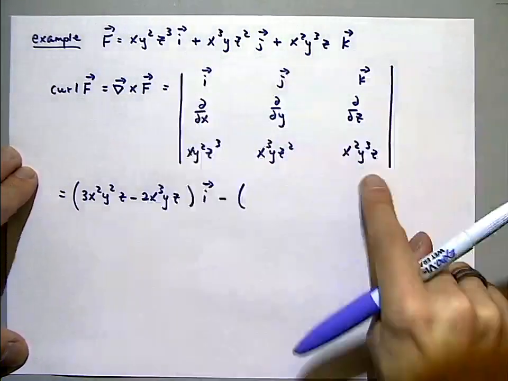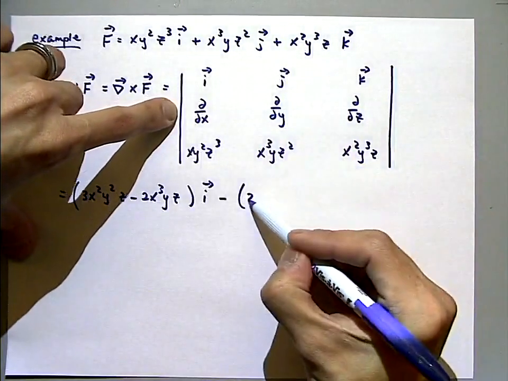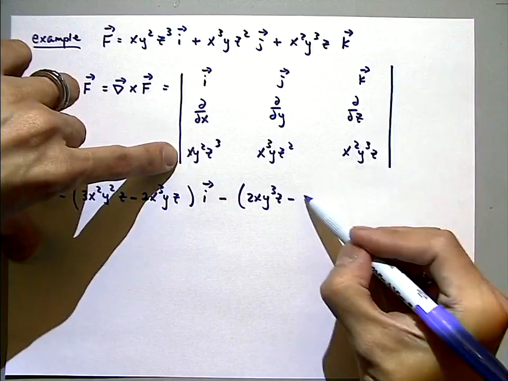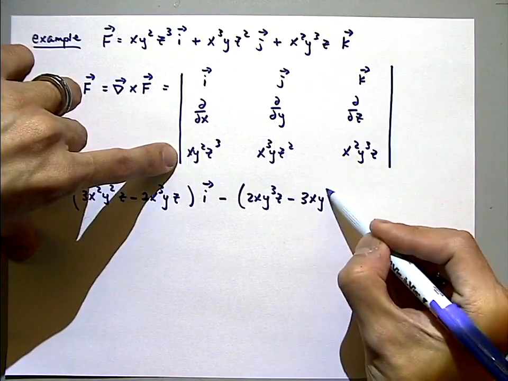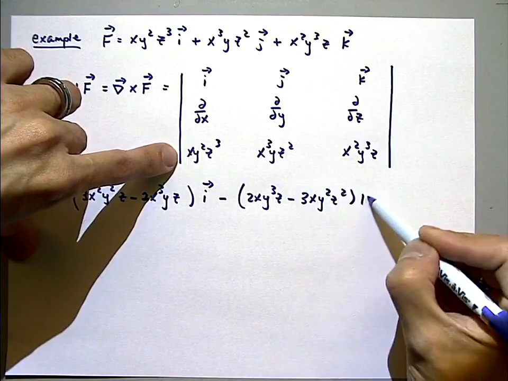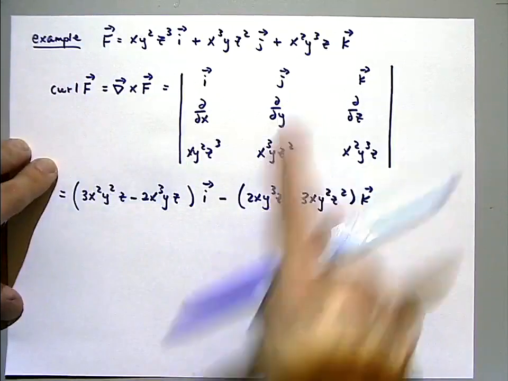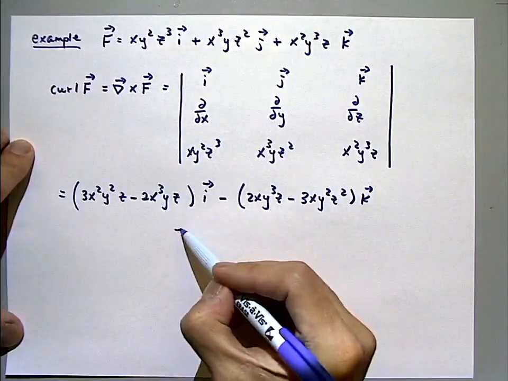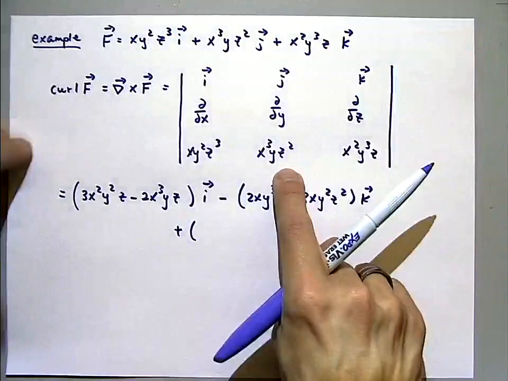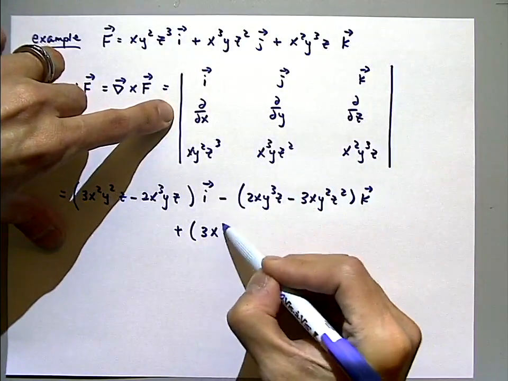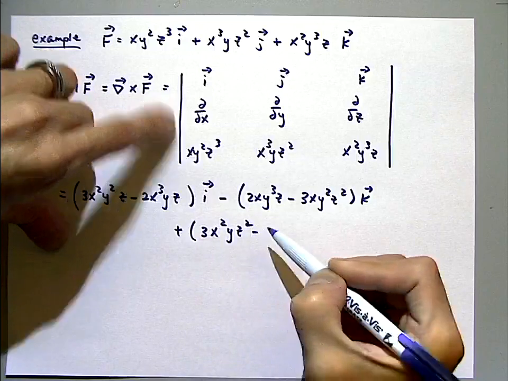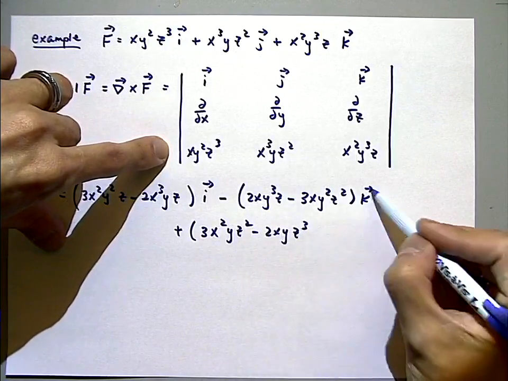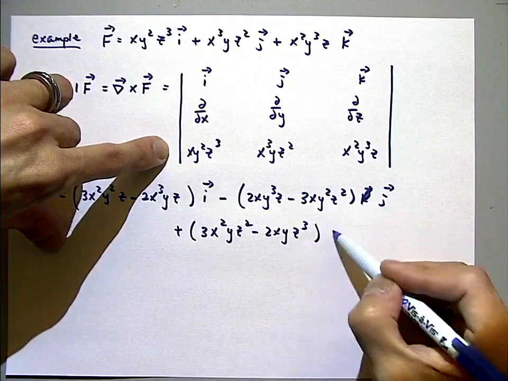Minus the j stuff here, we get 2xy cubed z minus 3xy squared z squared. And remember, in the j, when you do cross product, the sign flips. And finally, the k component, we get 3x squared yz squared minus 2xyz cubed. Oops, that's a j, sorry. k.